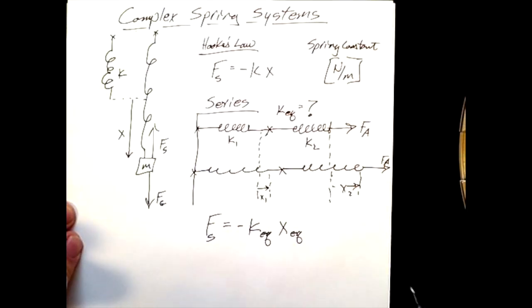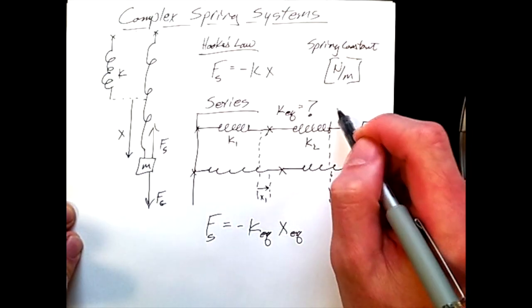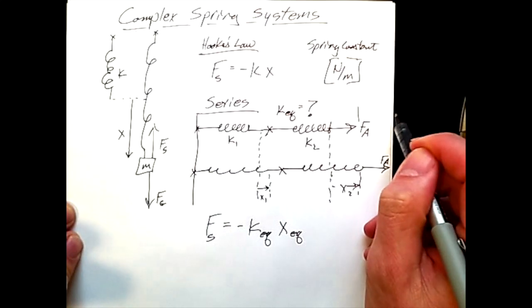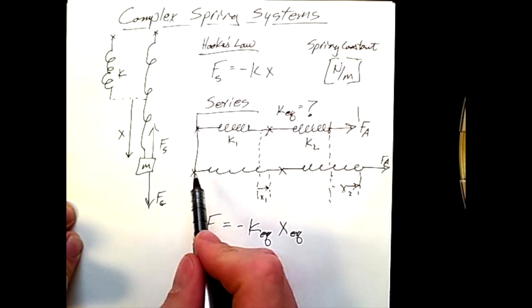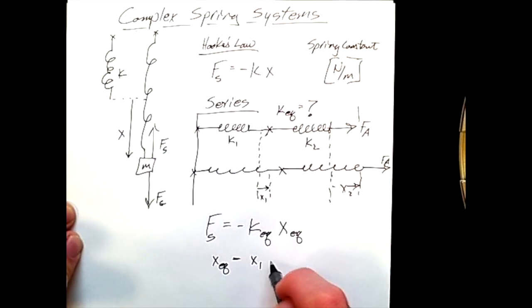displacement. Now, if we think about the overall displacement of the system, from where Fa was applied to where Fa is now applied, then it is pretty obvious that x equivalent is the sum of x1 plus x2.